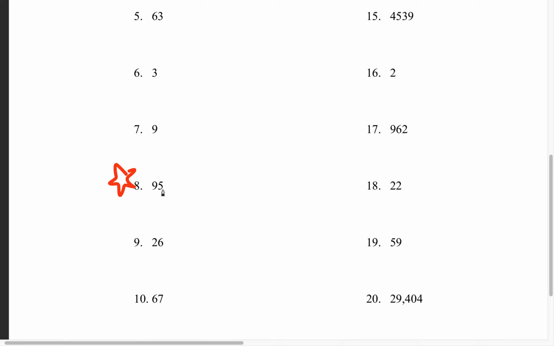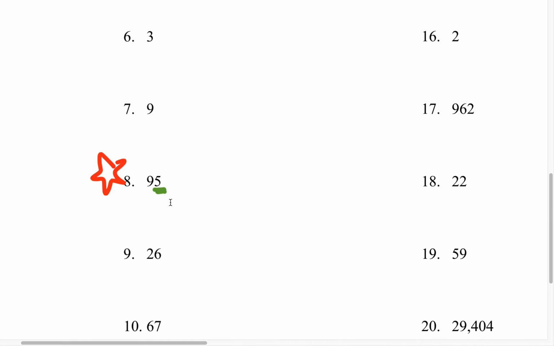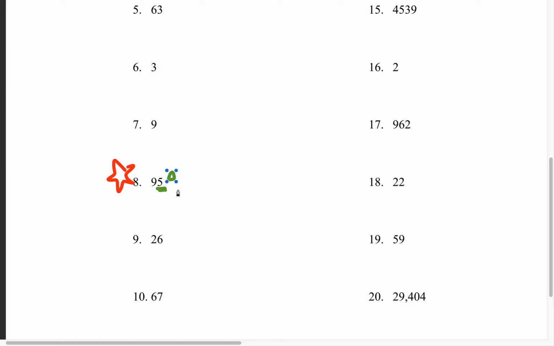And also, you could just do it by looking at the ones place. If the ones place is odd, the number is going to be odd. If the ones place is even, such as this one, it's going to be even. So this is going to be odd, and this is going to be even. And same thing for 22, 59 is going to be odd, and so on.